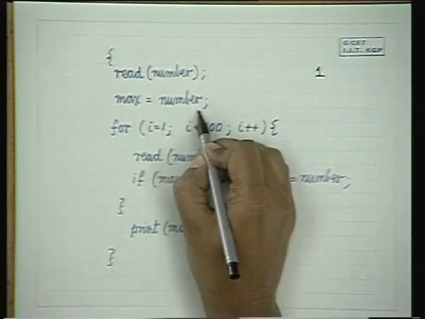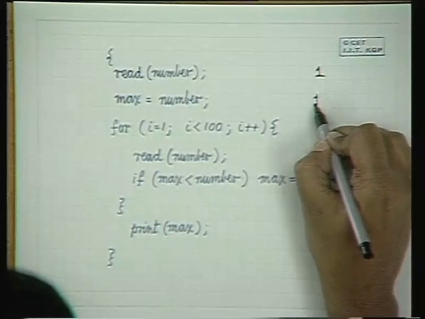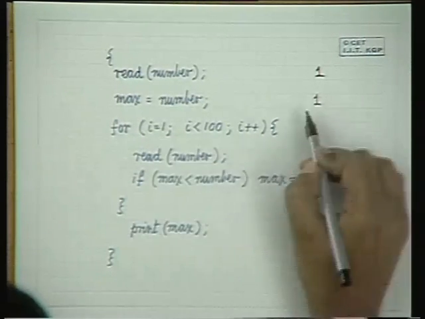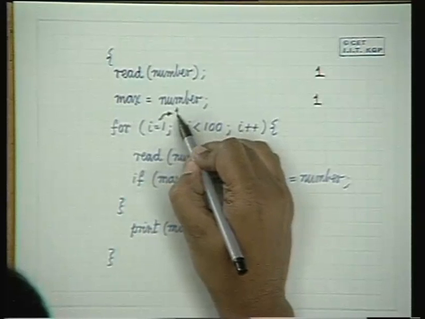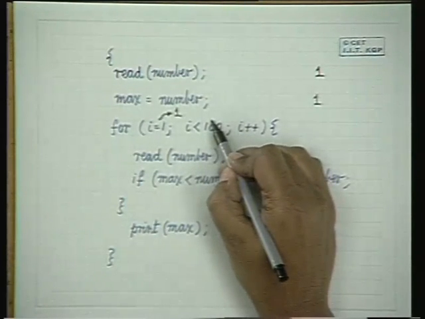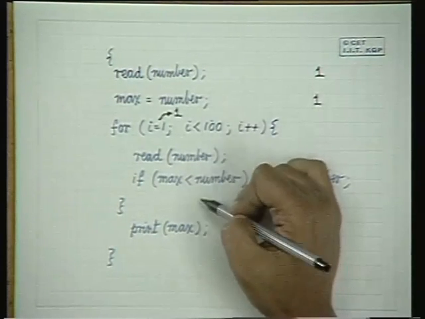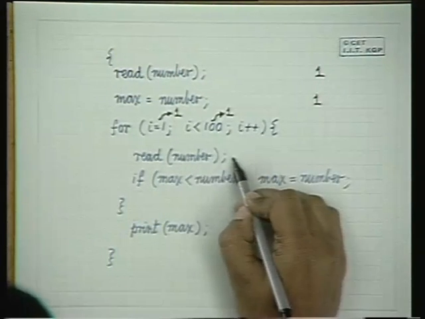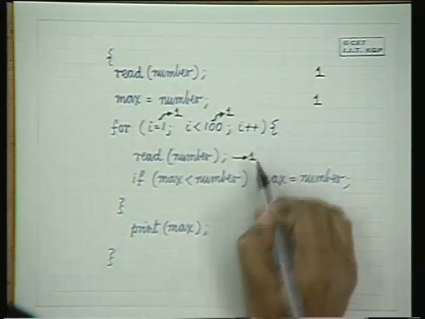This is an assignment statement which again takes 1 unit of time. This statement will be executed once, so this will take 1 unit of time. This statement will be executed once in the first go, say 1 unit of time. Then this will take 1 unit of time.